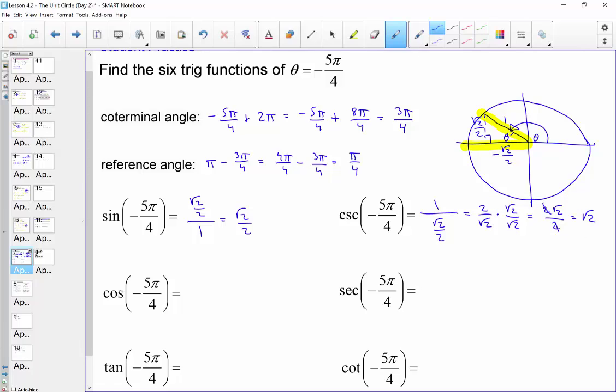The cosine of negative 5 pi over 4, using pi over 4 as our reference angle in the second quadrant, is the adjacent side, negative square root of 2 over 2, over our hypotenuse of 1, which simplifies to negative square root of 2 over 2. The secant of negative 5 pi over 4 is our hypotenuse, 1, over the adjacent side, negative square root of 2 over 2.